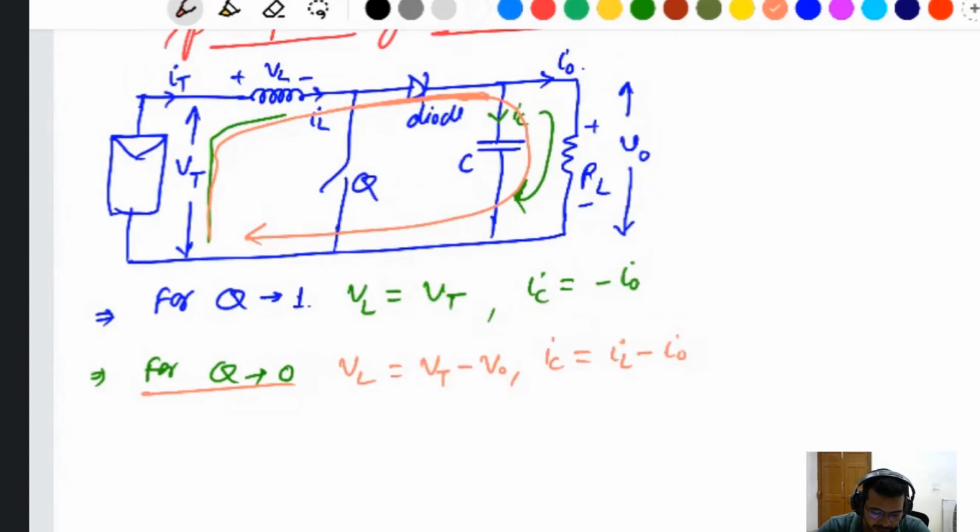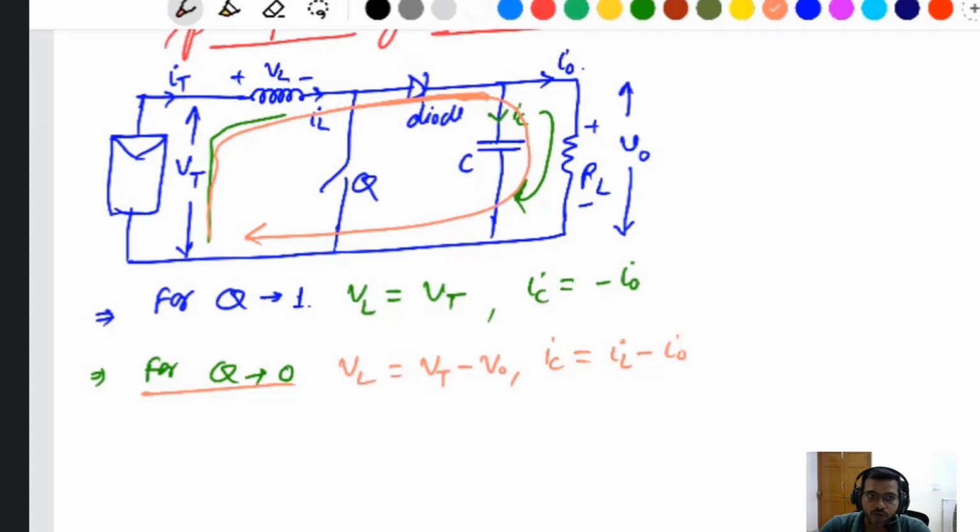Then how will you operate the inductor and capacitor in a DC system? In DC, the inductor is a short circuit and the capacitor is an open circuit, if you apply DC at the terminals of the inductor and capacitor.